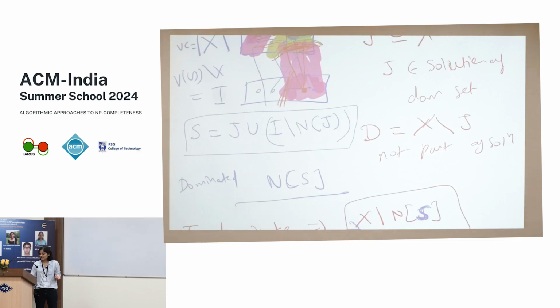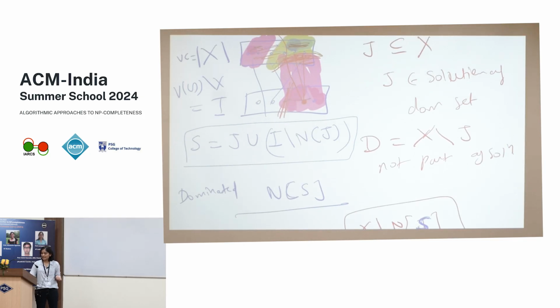What is a part of the solution? Only the vertices that were not neighbors of J. Those are part of the solution. Those that are neighbors of J are dominated, but I am not saying you must put them into the solution, right? That's what we said.